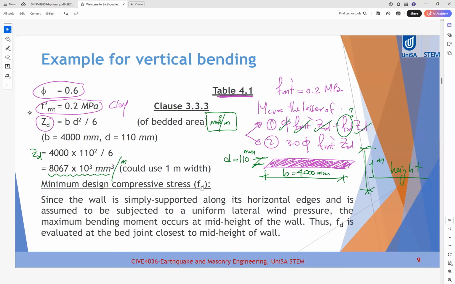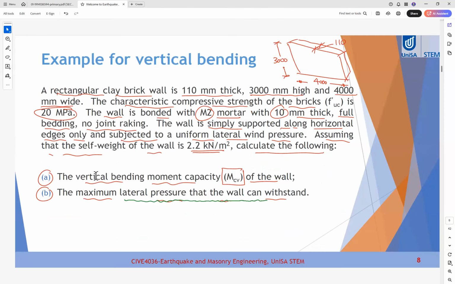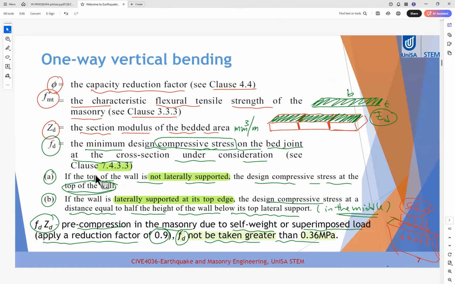So FD is the minimum design compressive strength. So let's look at this note here. Since the wall is simply supported along its horizontal edges, it is assumed to be subject to a uniform lateral wind load pressure. The maximum bending moment occurs at mid-height of the wall. Thus, FD is evaluated at the bed joint closest to mid-height of the wall. So this is conforming with the statement earlier here.